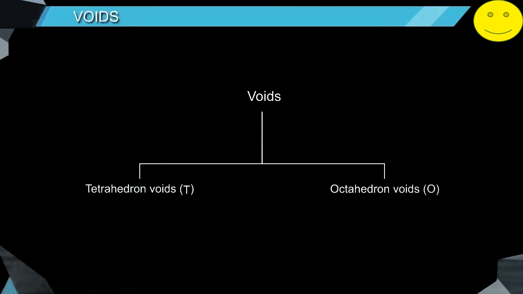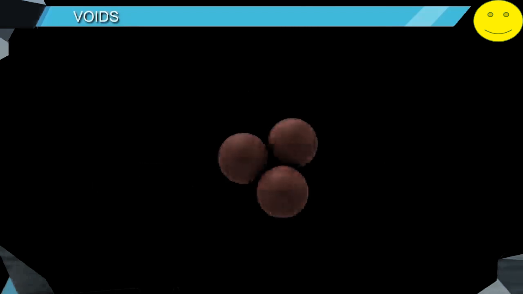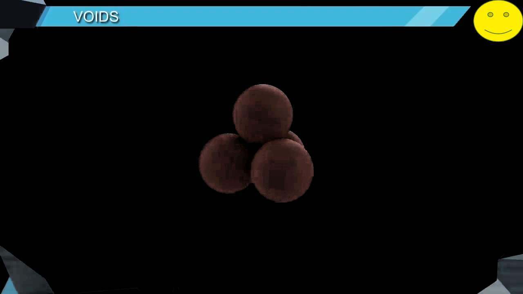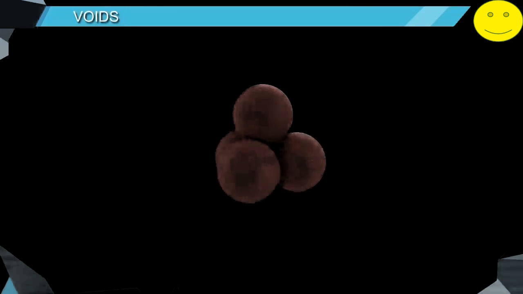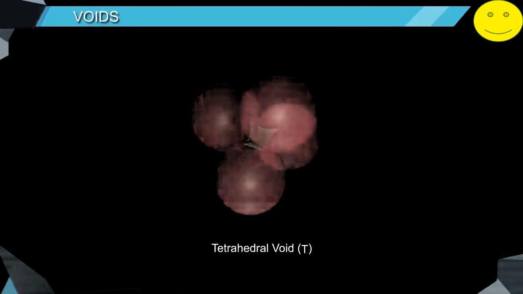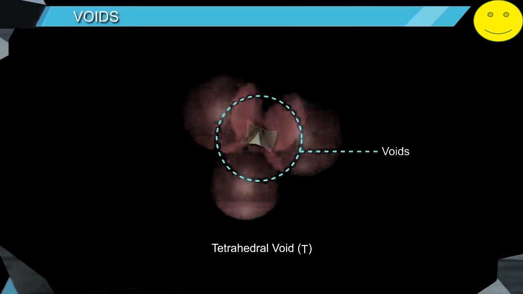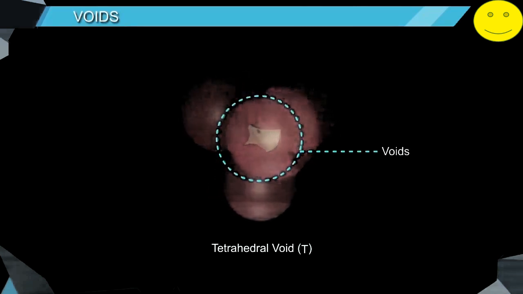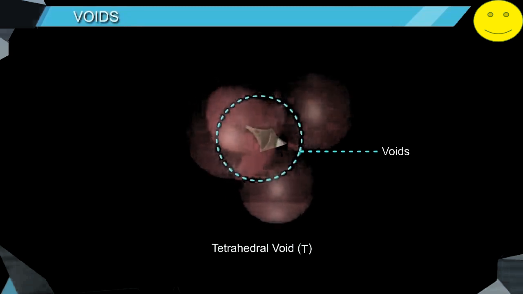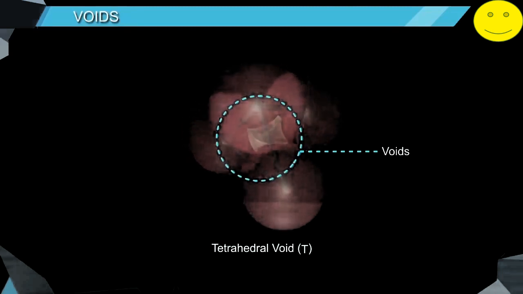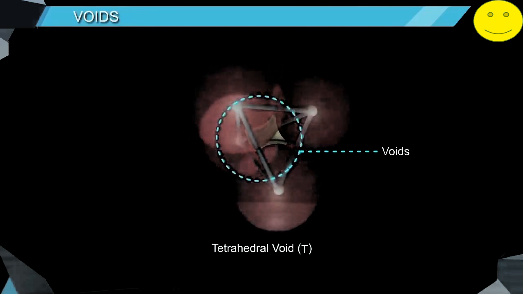Let us study how these voids are formed. When we place a close packed layer above the depressions of the first layer, we will notice that at some places the triangular voids of the first layer are being covered by the spheres of the second layer. At such places a type of void is formed, and this type of void is known as a tetrahedral void T, since a tetrahedron is formed by joining the centers of 4 surrounding spheres.